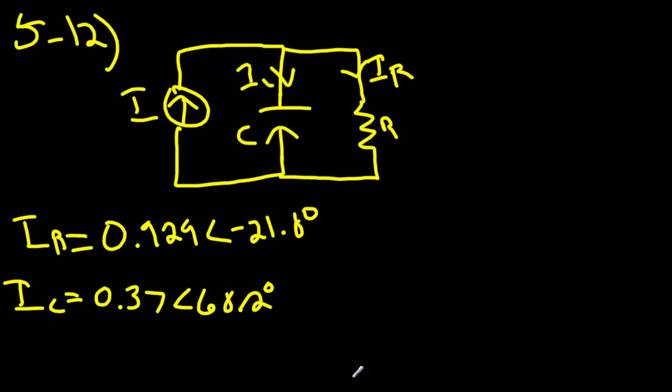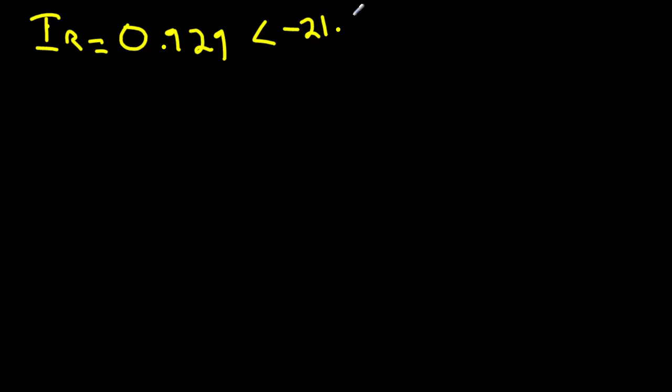And then it wants us to find I and the imaginary and real parts. So let's go to the next page, and I'll rewrite I_R and I_C. So I_R is equal to 0.929 at an angle of minus 21.8.